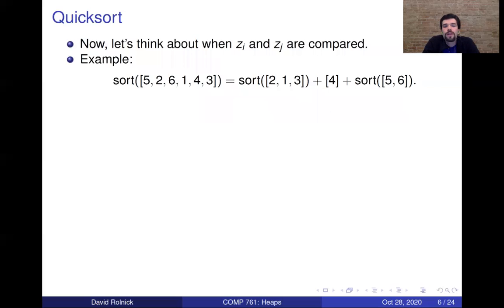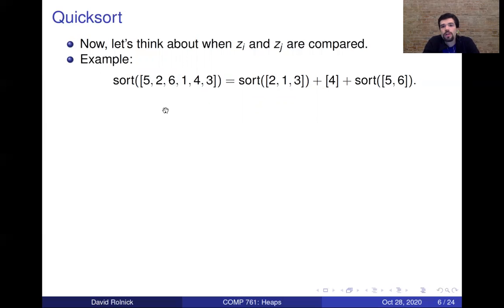We have the list 5 2 6 1 4 3. We've picked as a pivot the number 4. In this case, the numbers happen to be the numbers 1 through 6, but they could be any numbers. This could be 10 or 1,000 or 1,000,000.